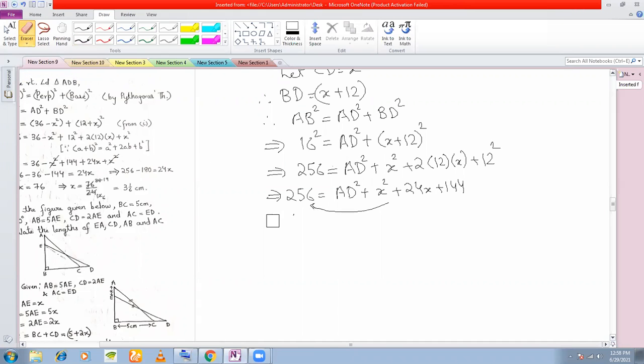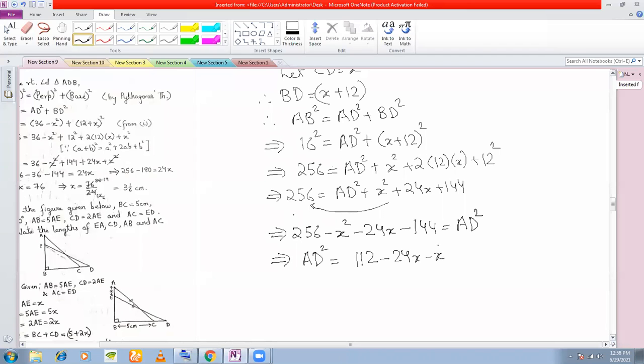How much do you get as AD square? You get 256 minus x square minus 24x minus 144 is equal to AD square, right? So that means AD square is equal to 256 minus 144 is 112 minus 24x minus x square.